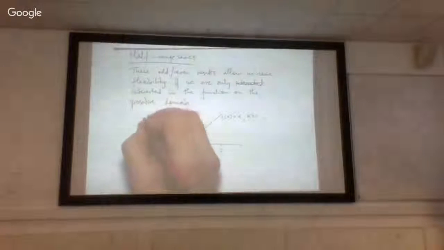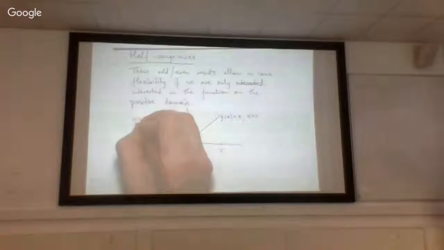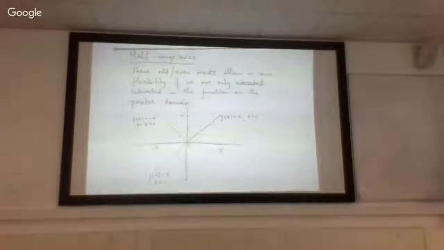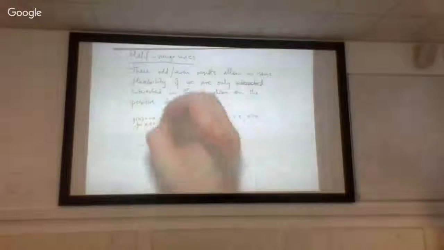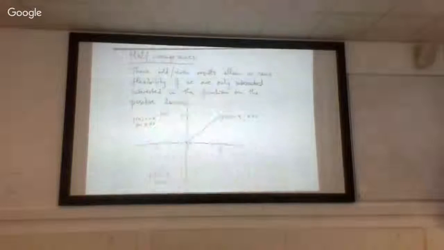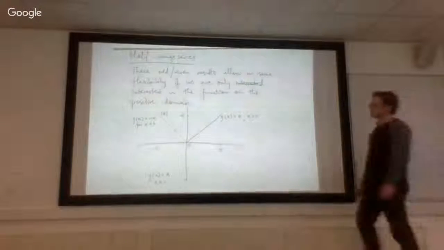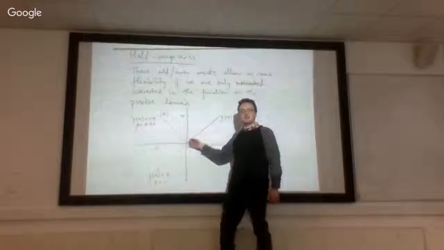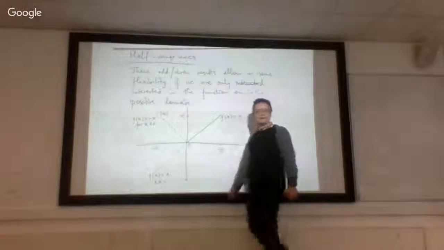But we might also continue it as g of x equals minus x for x less than or equal to 0. Or another way of writing that would be absolute value of x. It's just another choice for how to continue this function across the negative half of the domain.